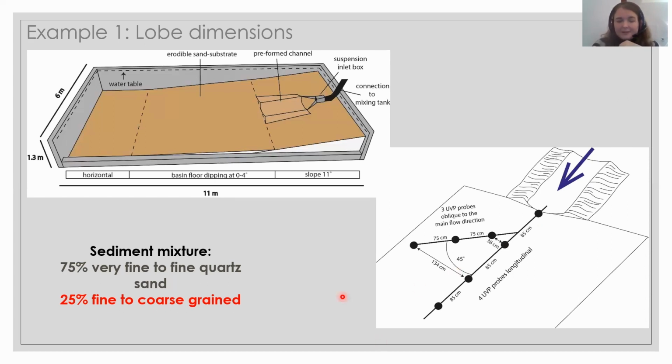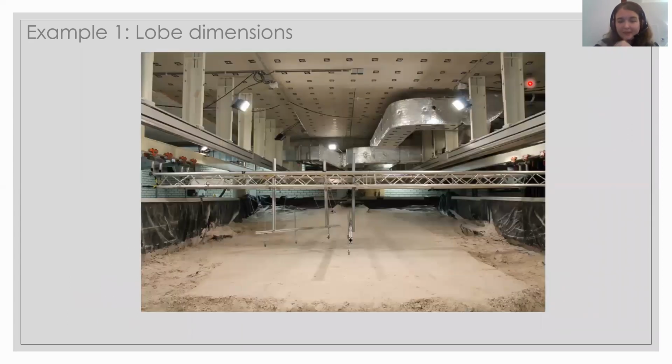But what we'll also do is that we scan the whole setup before the experiment and afterwards, so that we can see where there had been erosion and where there was deposition. Again, this picture I showed you before, now you know a little bit more about the dimensions. So you can imagine how big this is. And to actually create this topography, there are already several tons of sand inside the setup.